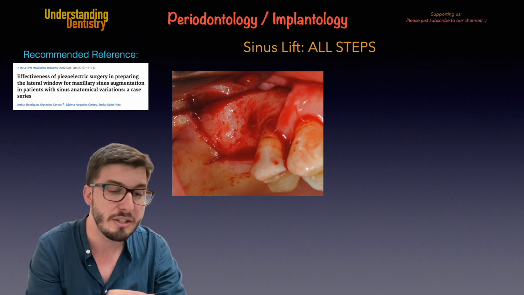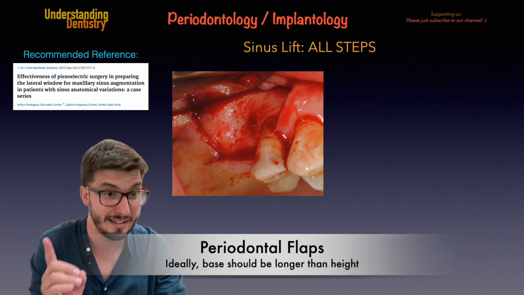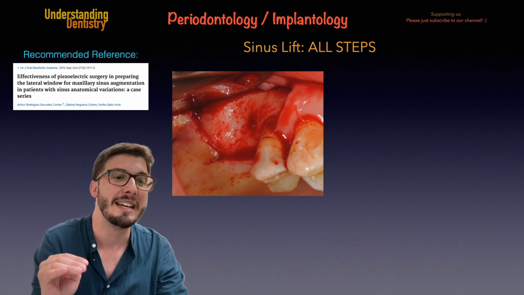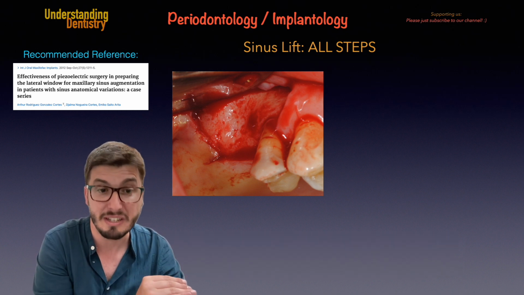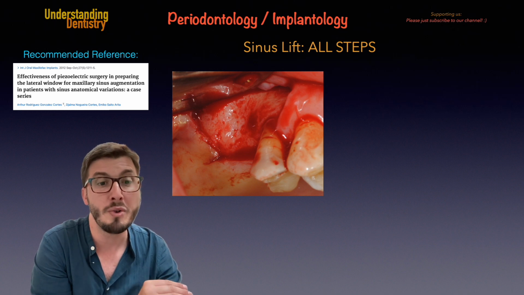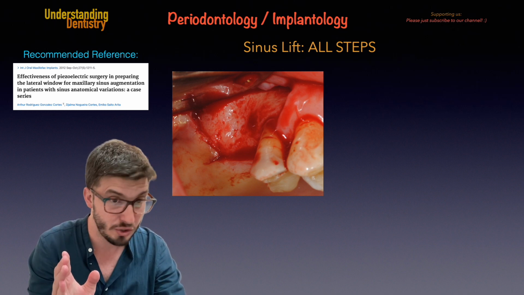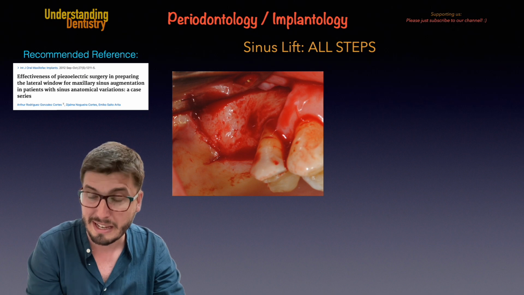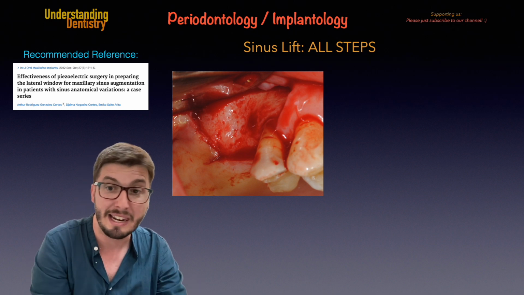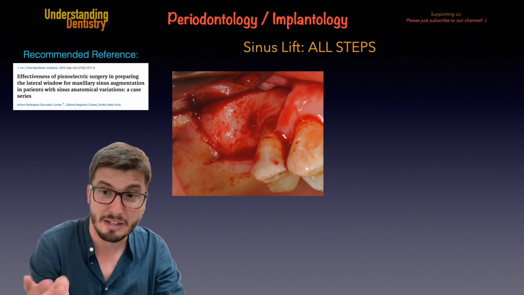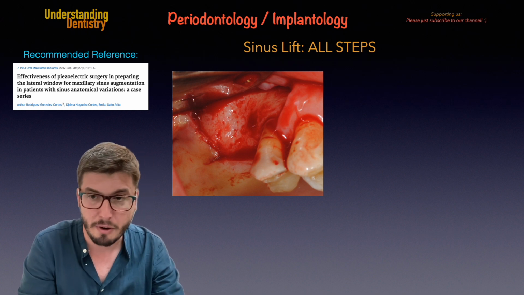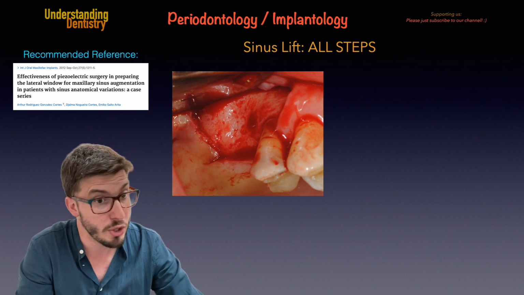Ideally, our base should be longer than the height of the incision, which means that the crestal incision, the first one that we do, should be longer than the releasing incisions. And you will see that I had to increase the length of the crestal incision, the horizontal incision.